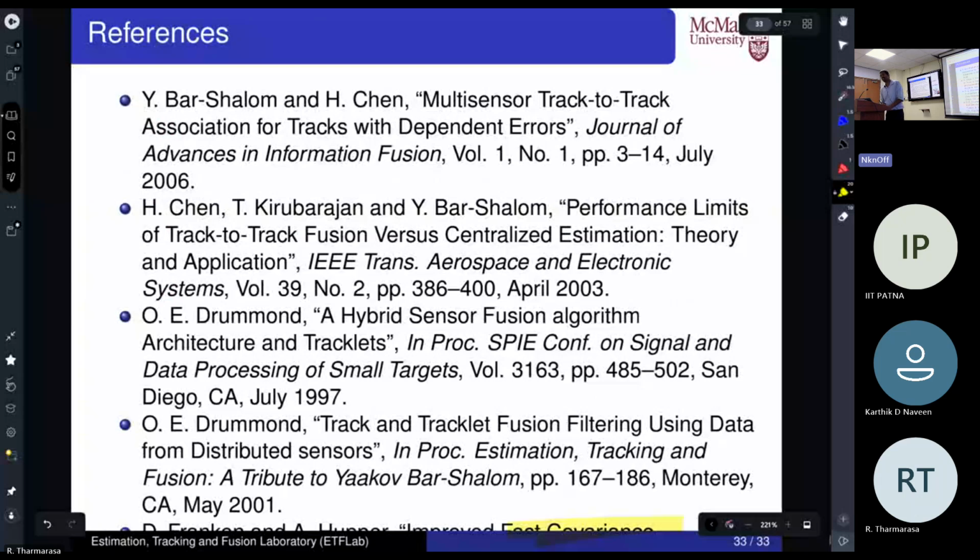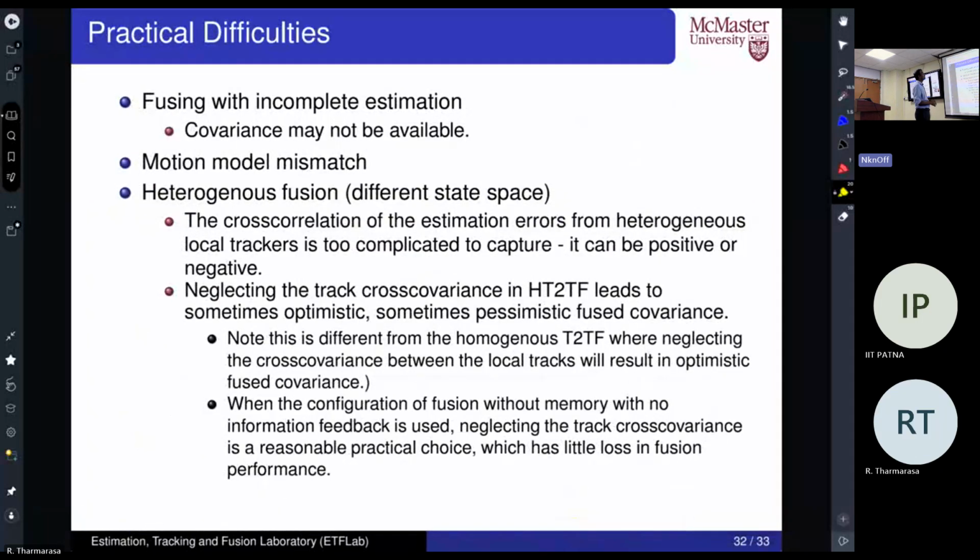Okay. The last point, a summary about track-to-track fusion. I mentioned this, right? In some cases, covariance may not be available to you. Then the fusion is hard. You have to come up with something. Another issue that I mentioned is the motion model mismatch, right?